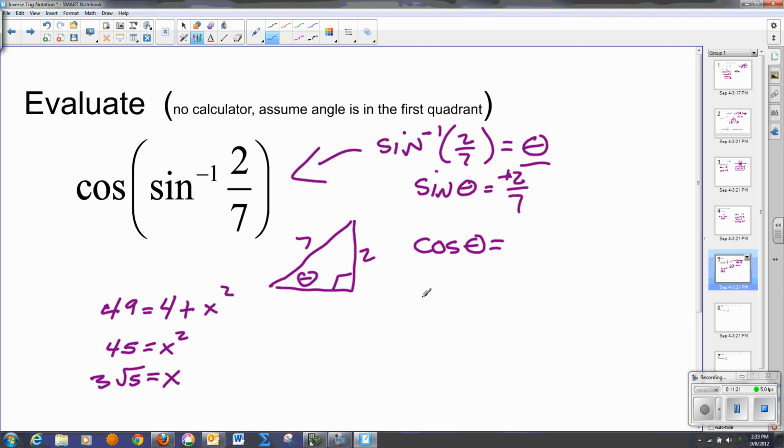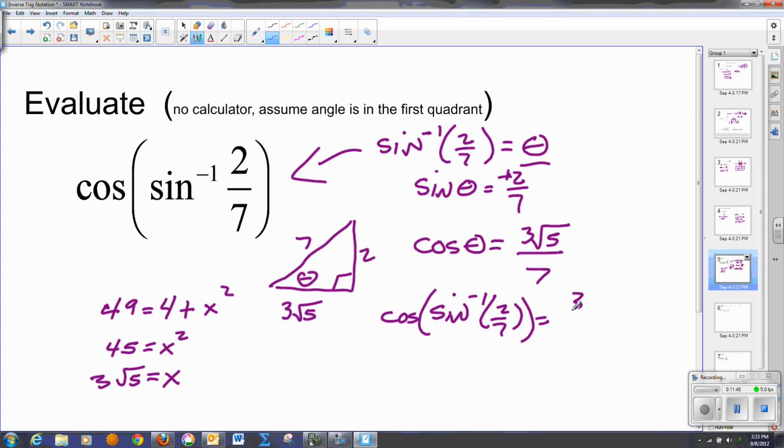So if I'm looking for the cosine of theta, I know that the cosine is the adjacent over the hypotenuse, and my adjacent is 3 root 5. My hypotenuse is 7. So what I can now say is the cosine of theta, and I know theta, we substituted for the inverse sine of 2/7, is equal to this 3 root 5 over 7.